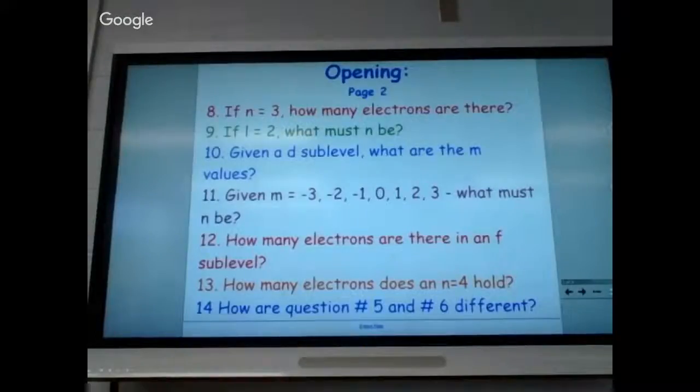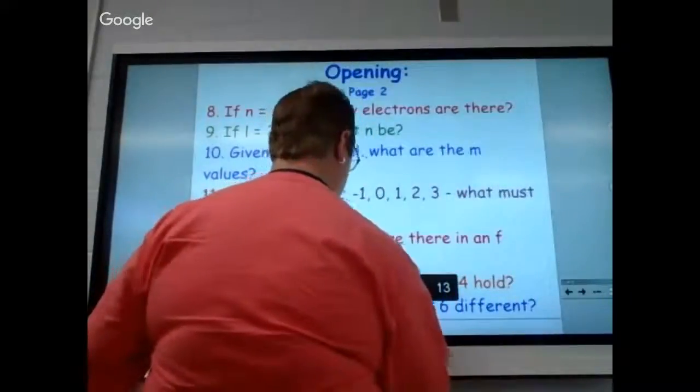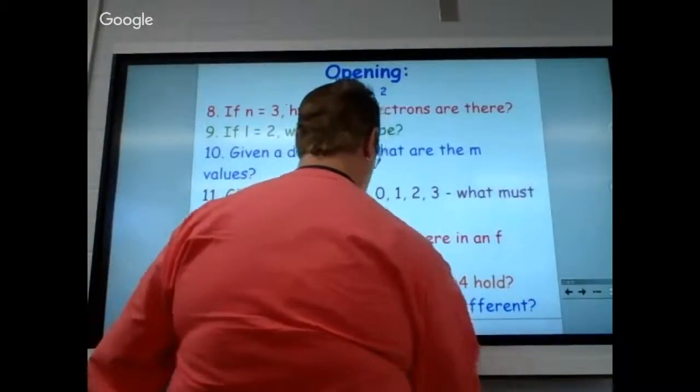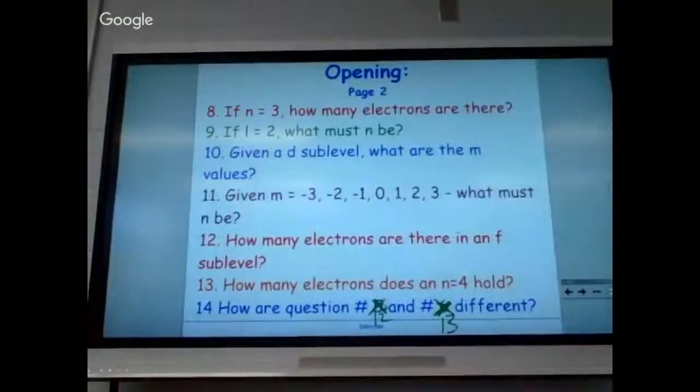Right. What do you mean? Like, remember, M equals everything, just negative 1. Does that help with that? What do you mean? Number 2. N equals. Yeah, how are 12 and 13?